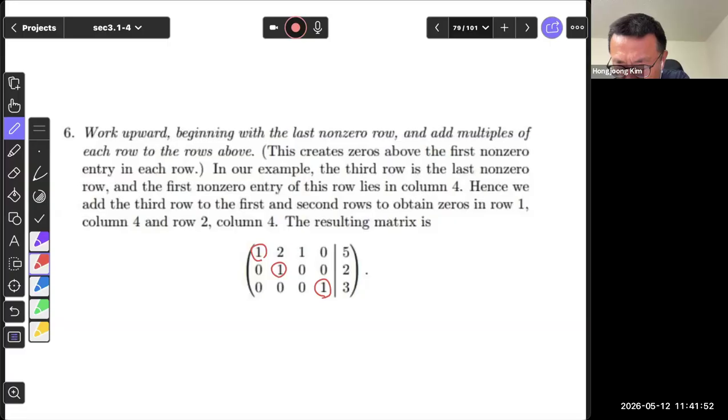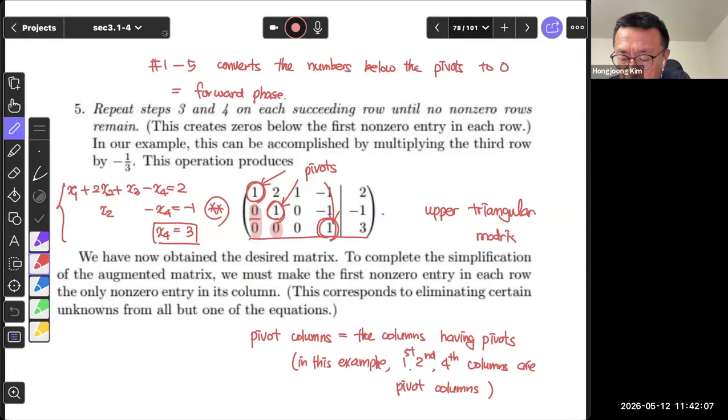I started from the first column, then the second column, then I skipped the third column, and then I came to the fourth column, and so on. So in the forward phase, you go from the first column to the last column. You first consider the entries in the first column, then the entries in the second column, and so on. So you go from left to right.